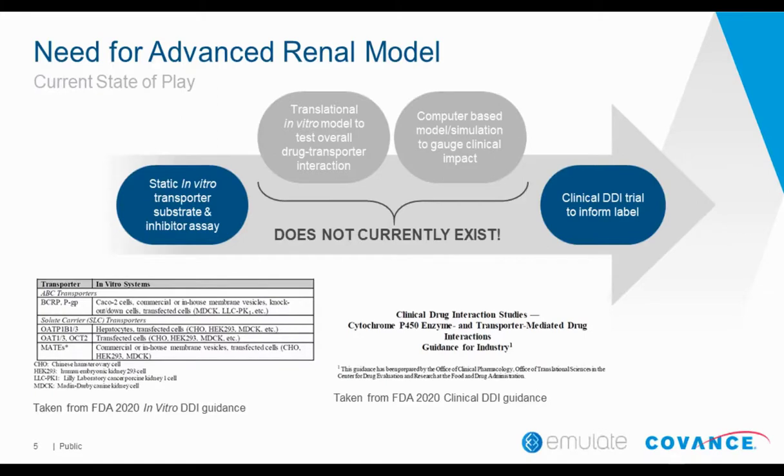We'll talk about those in greater detail as we review the development of this proximal tubule kidney chip and its application. But many of those include the ability to translate that in vitro model, that in vitro system, into something that allows us to look at drug transporters and drug-drug interaction.